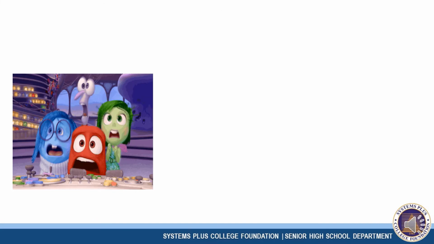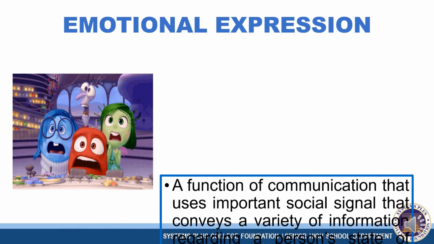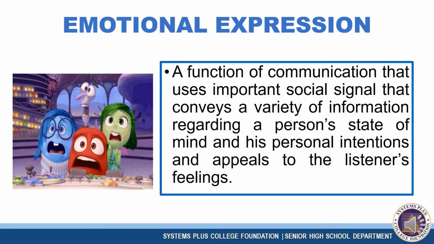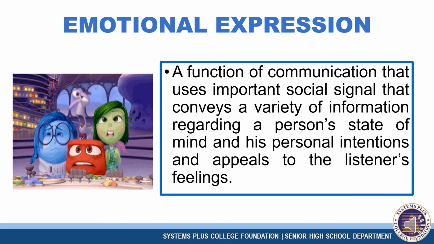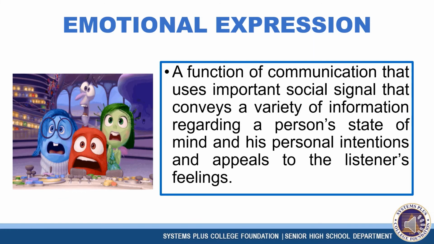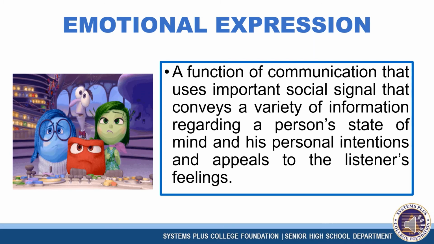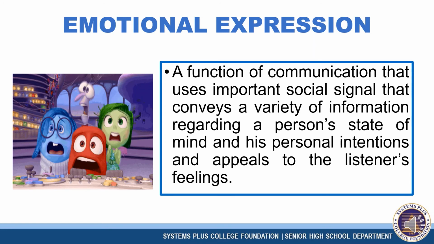And the fifth function of communication is emotional expression. It is also an important social signal that conveys a variety of information regarding a person's state of mind and personal intentions, and appeals to the listener's feelings.